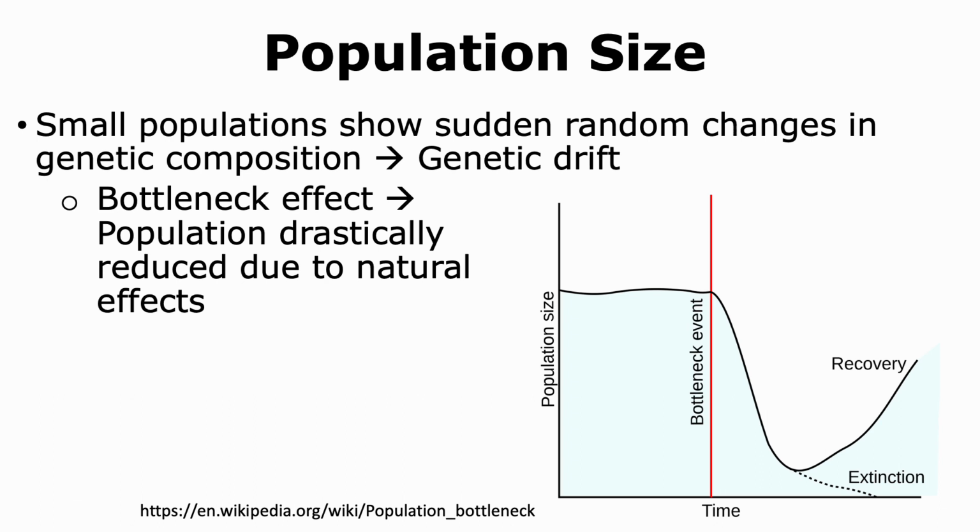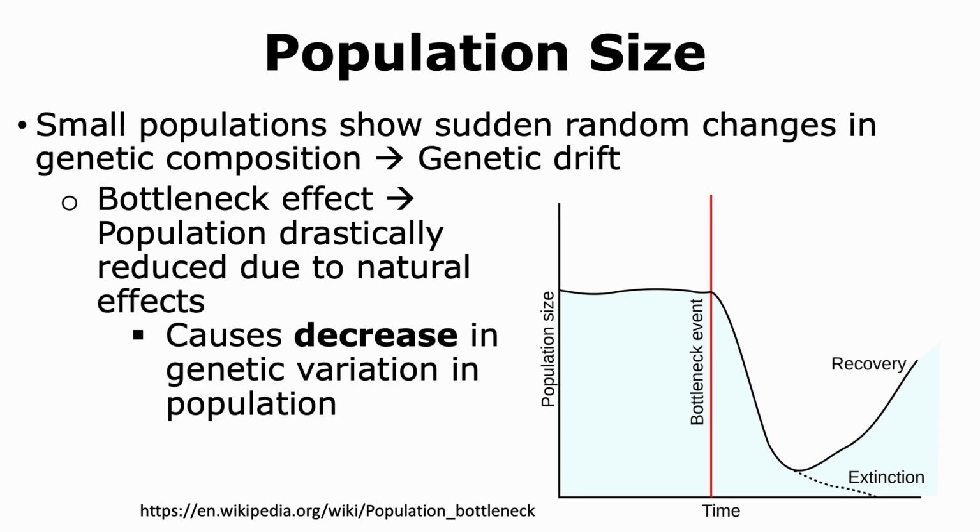In such a scenario, if the existing survivors of the population are able to recover, then the progeny are going to show a decrease in genetic variation because the genetic composition of the existing population does not have a lot of diversity in itself. Thus, when small populations are present, genetic drift can occur that causes a decrease in the genetic variation present in a population.